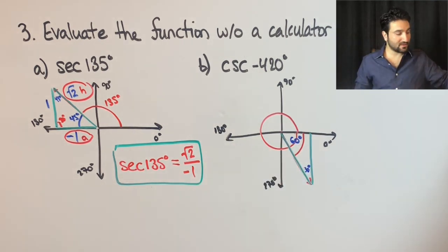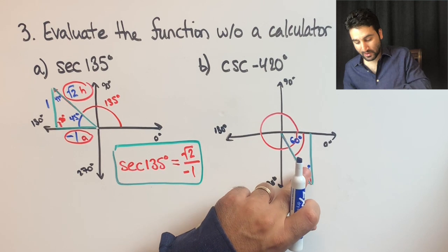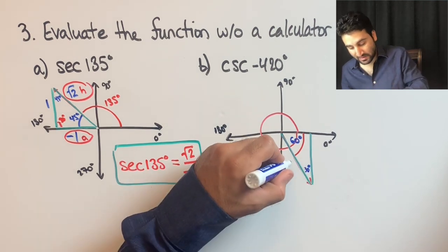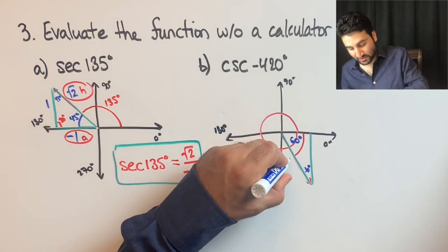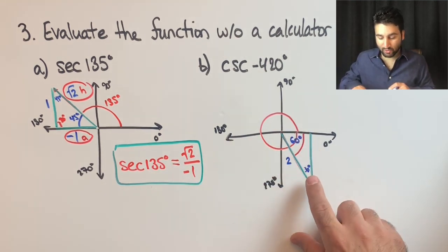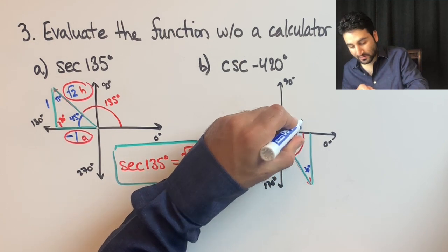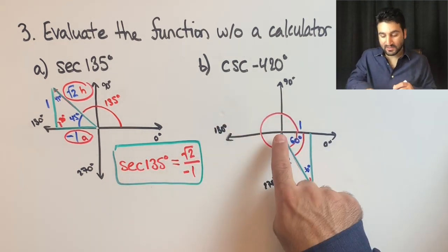Again, the proportions of our special right triangles, the 30, 60, 90, we should have memorized. The hypotenuse will be 2. The small leg, the one across from 30 degrees, will be 1.